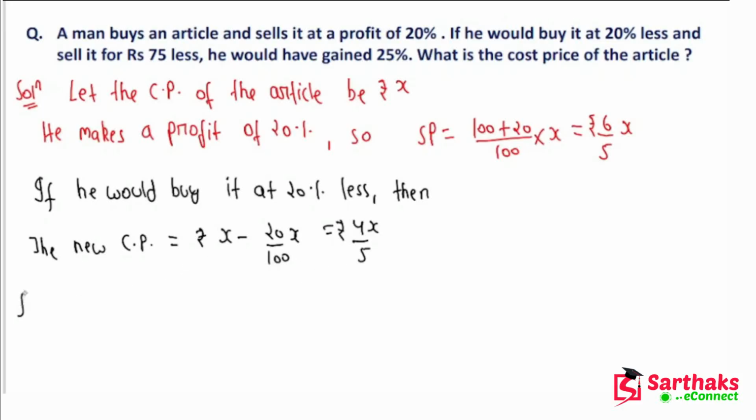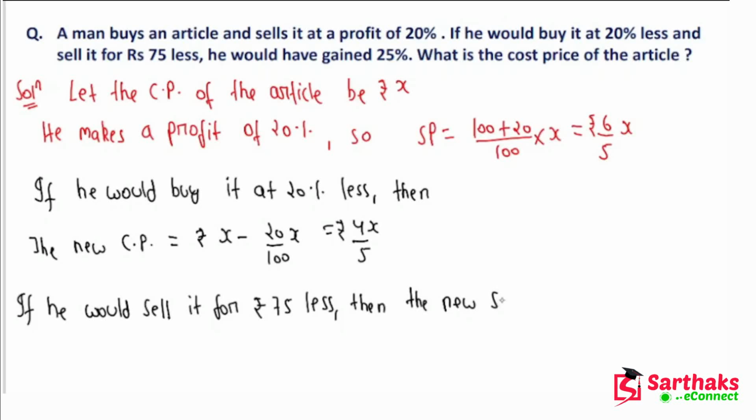Okay, so we can write, if he would sell it for rupees 75 less, then the new selling price is equals to rupees 6x upon 5 minus 75, right?